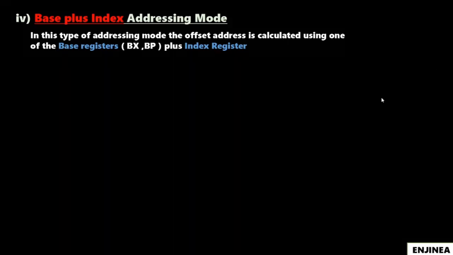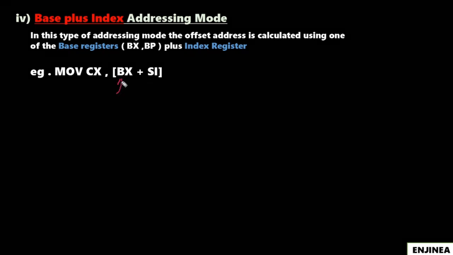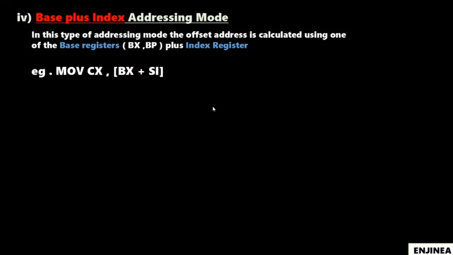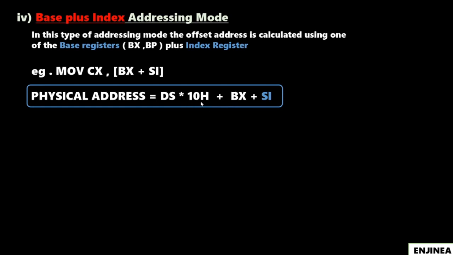So let's take up an example. Suppose we have MOV CX, [BX + SI]. As we can see, BX is a base register and SI is an index register. So now the physical address will be calculated as DS into 10H plus BX, which is given by the BX register, and SI, which is given by the SI register.